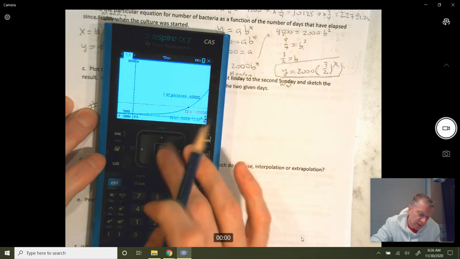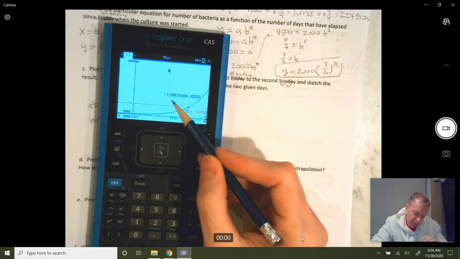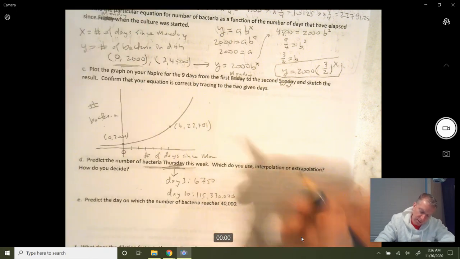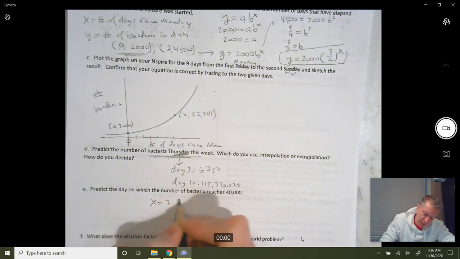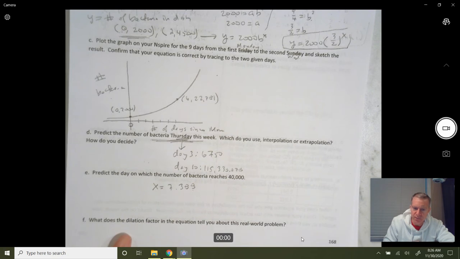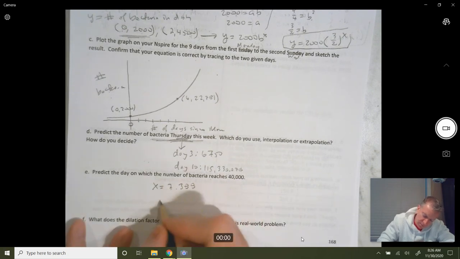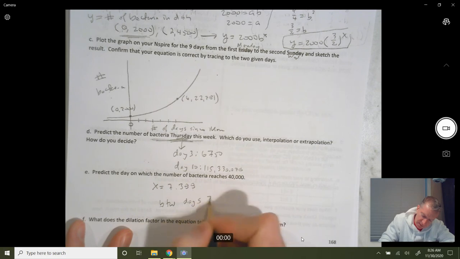So that looks like it's day 7.388. So your x would equal 7.388. So that looks like somewhere between days 7 and 8.